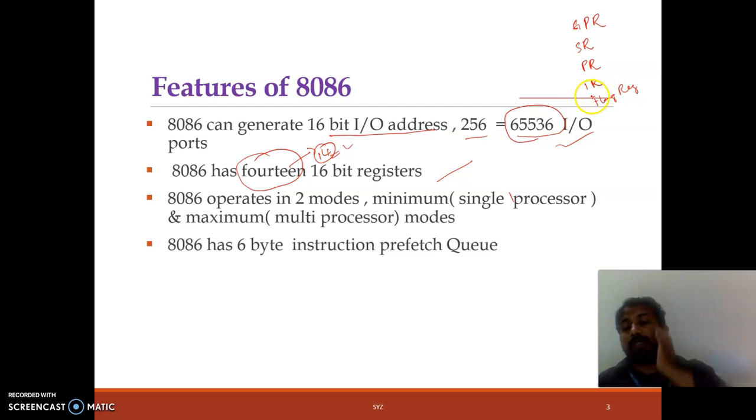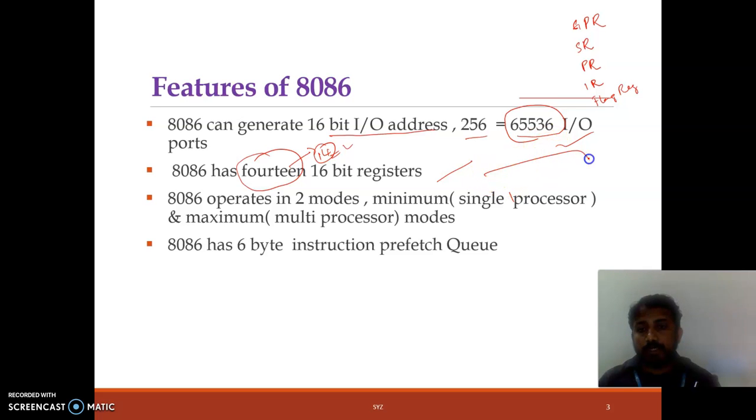All these are classified into 14, and you can have 8-bit or 16-bit registers.